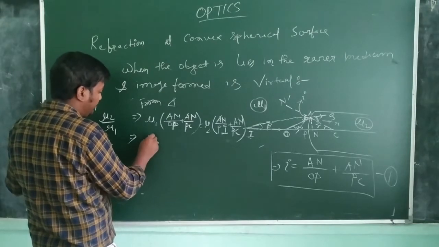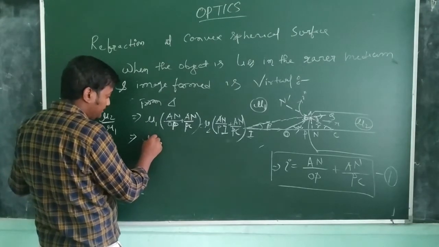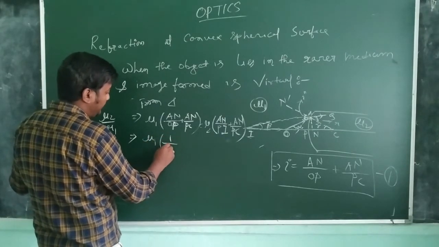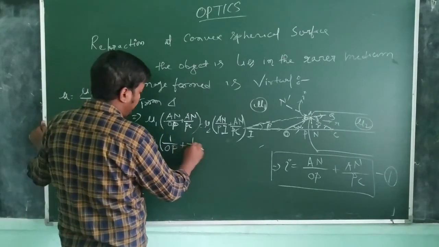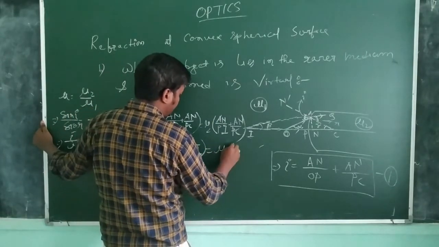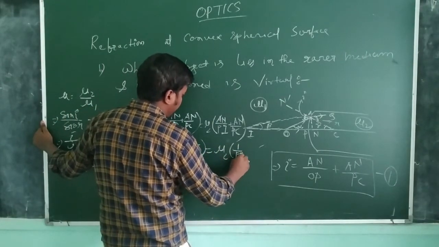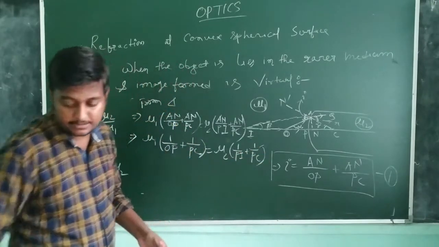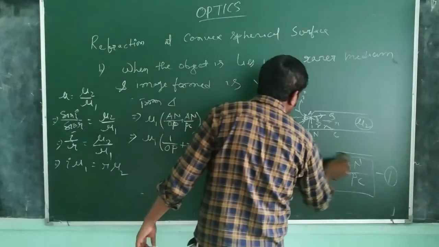Here N will be cancelled, so mu1 into 1 by OP plus 1 by PC equals mu2 into 1 by PI plus 1 by PC.